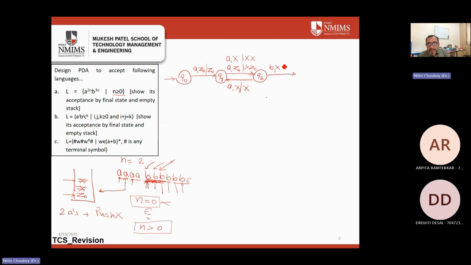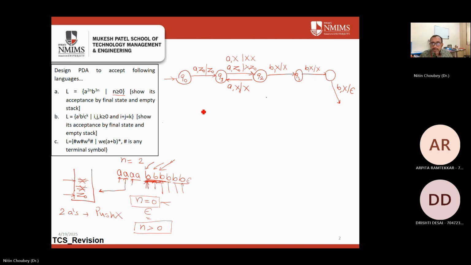B, X, since this is the first B, keep it as it is. Q3. Second B, again, keep X as it is. And when we get third B, for that third B, we need to pop 1X from the stack.